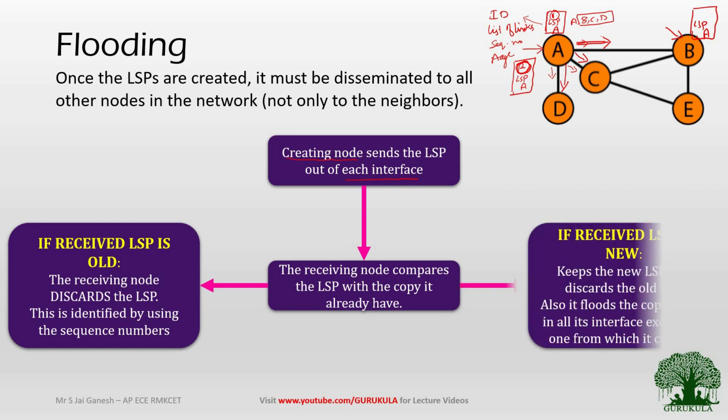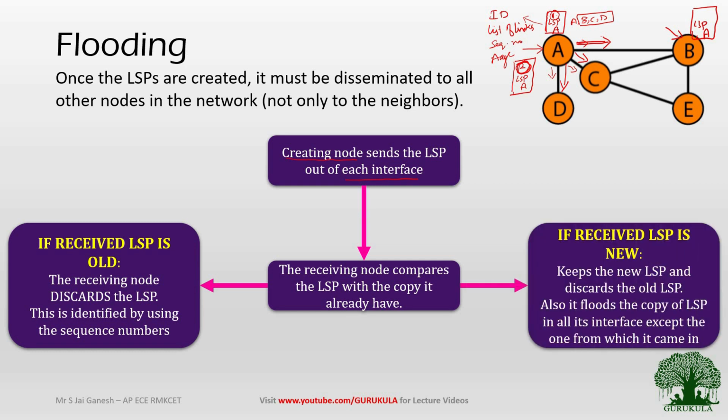In case the LSP is the new LSP, then B will update its own table, keep the new LSP, and discard the older one. Not only that, it will also flood the copy of the LSP to all its interfaces except the one from which it came in. This is very important to understand.